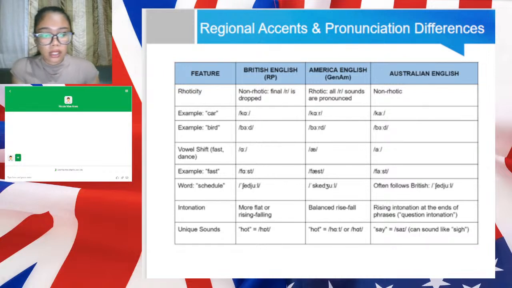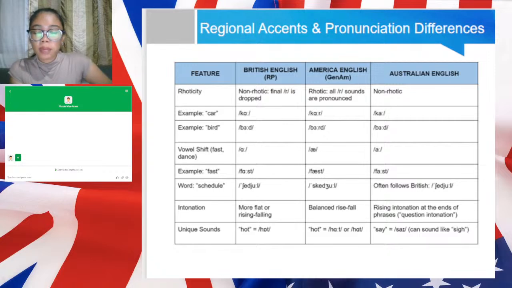In British English and in Australian English, you can see in the table, they are generally non-rhotic. What do we mean by non-rhotic? It means that the final R sound is often dropped in British English and Australian English unless the next word starts with a vowel.